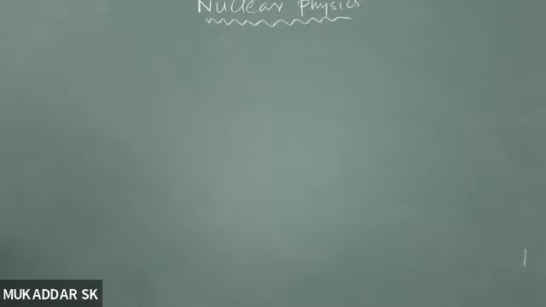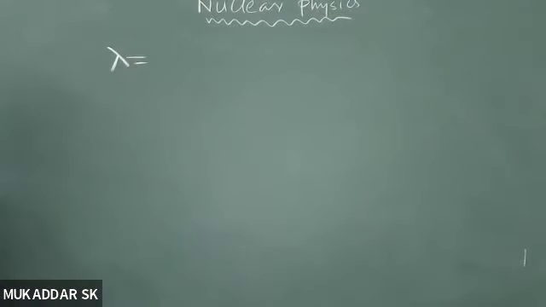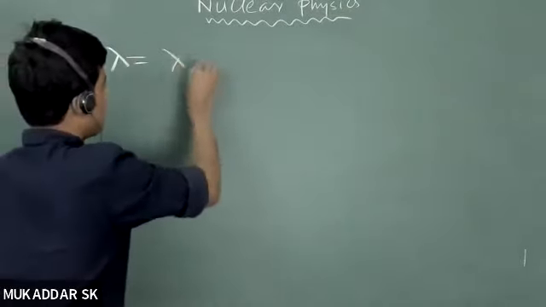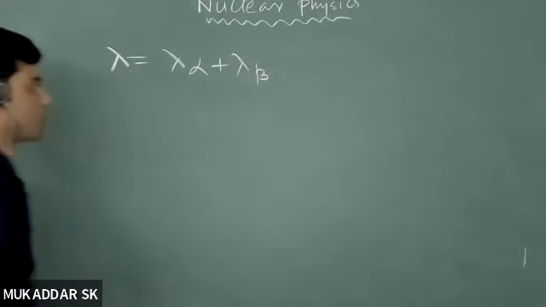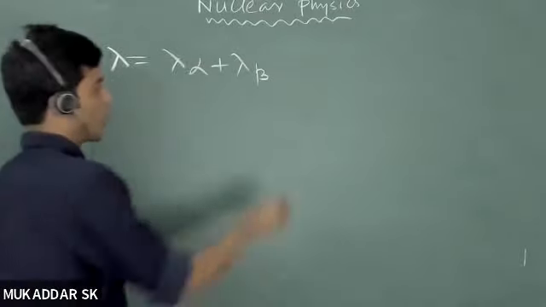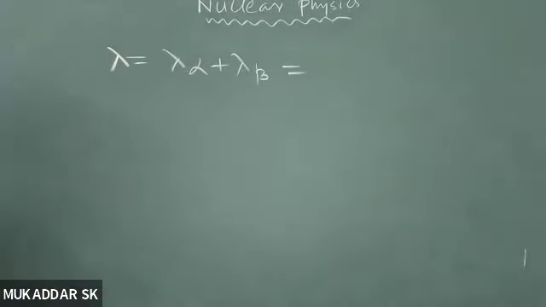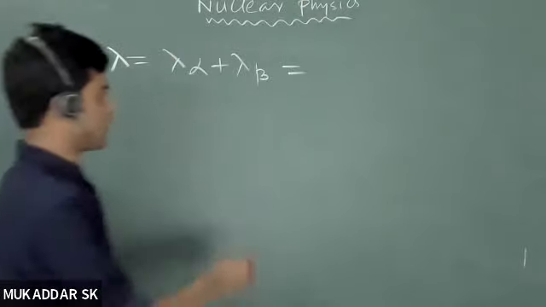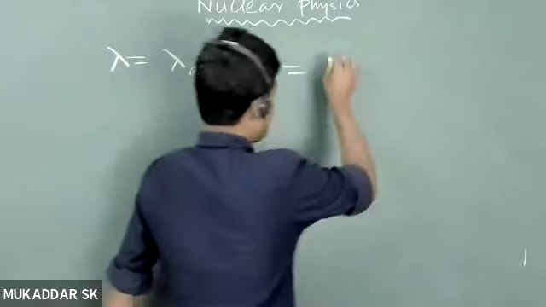As you know, first of all, you have to calculate the total decay constant, and that will be lambda alpha plus lambda beta, because it is decaying alpha and beta particles. And you know that decay constant is related to mean life. So there is a reciprocal relation.